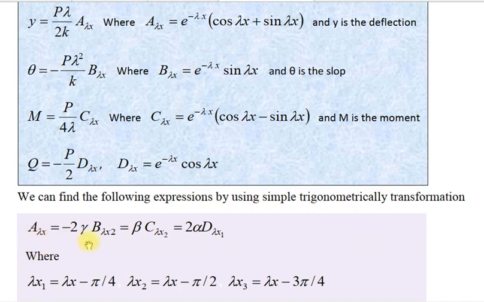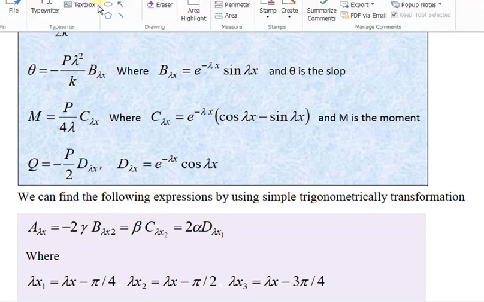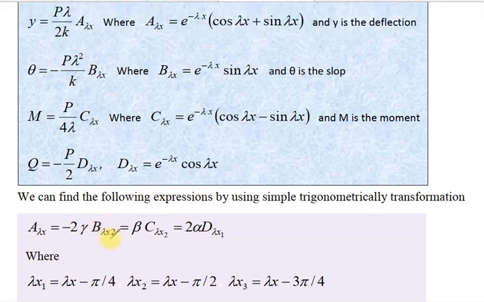A lambda x equals minus lambda minus 2 lambda B lambda x2 equals beta C lambda x2 equals 2 alpha D lambda x1, where lambda x1 equals lambda x minus pi over 4, and lambda x2 equals lambda x minus pi over 2.